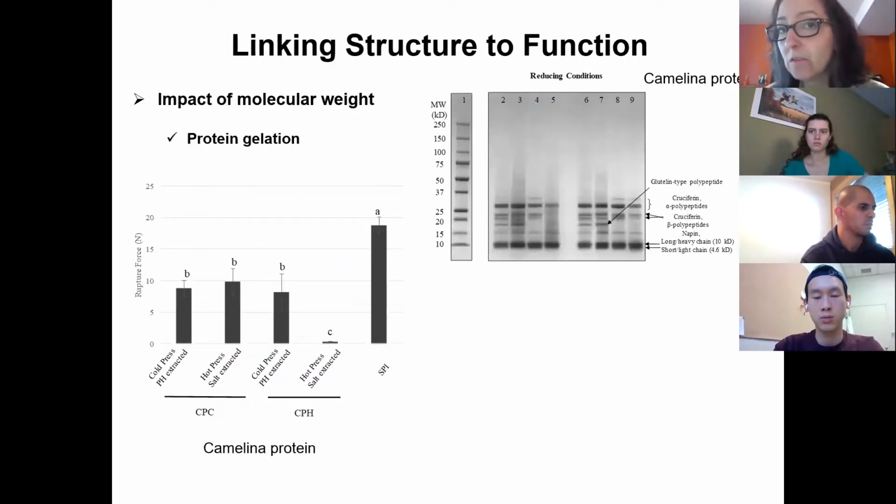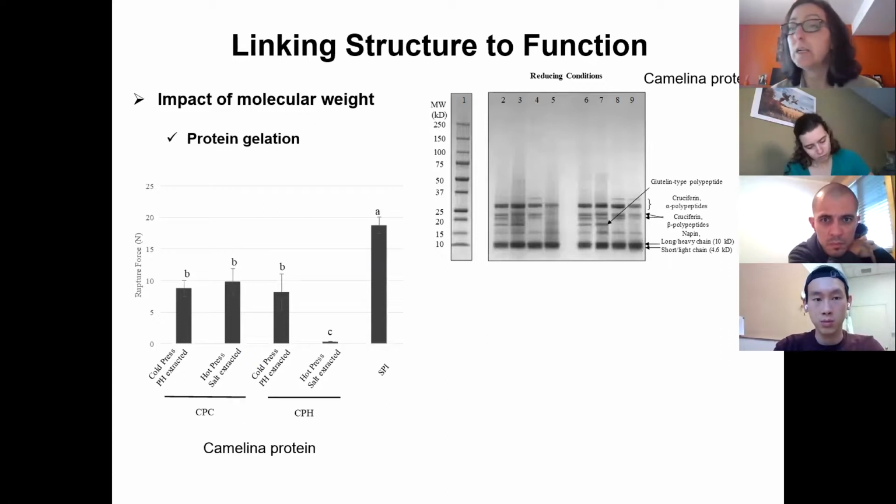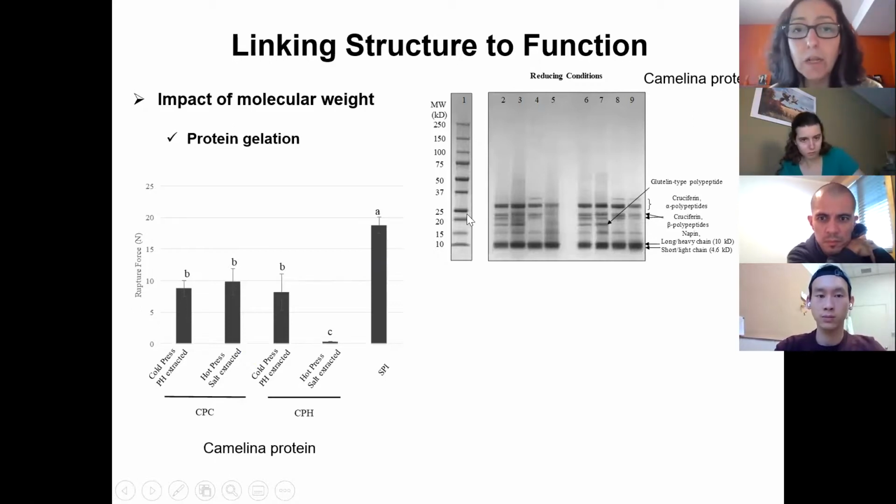I want to link structure to function now. Here we are looking at protein gelation and molecular weight. This is camelina protein, which we work on in the lab. When you run camelina protein on a gel, you see that its individual polypeptides are really small, like 25 or less.